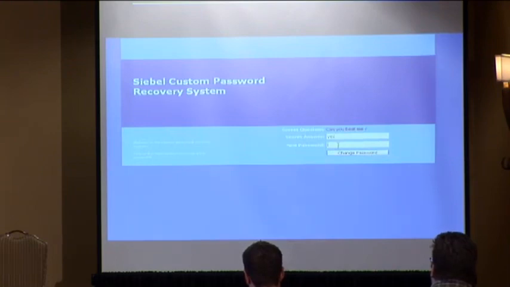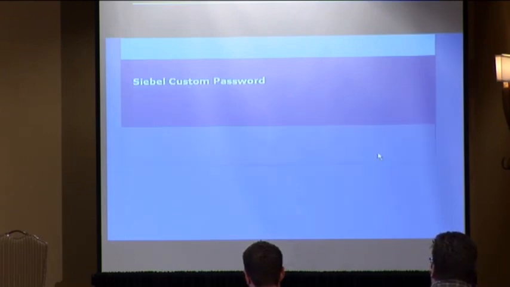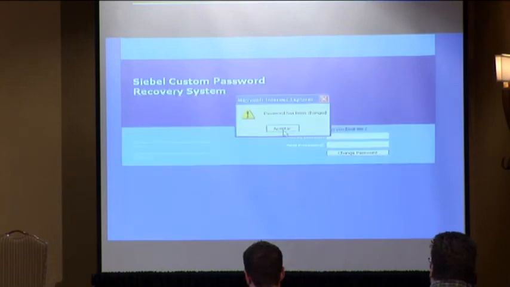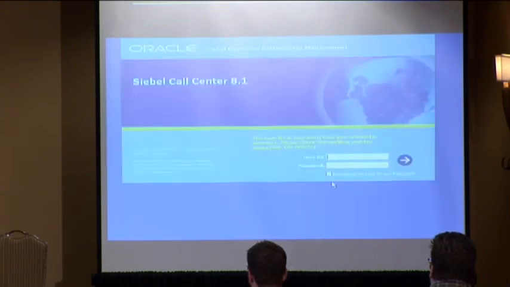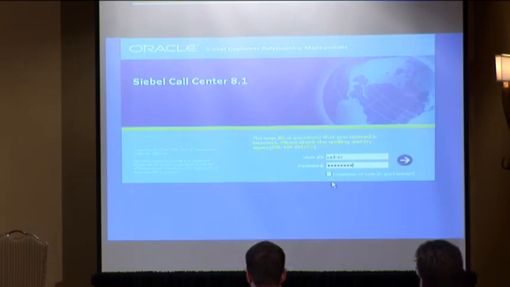So he can choose a new password here and click on change password. And that's it. The password will be reset on the Siebel system. So the only thing the attacker needs to do is, again, try to log in with the admin user and the password he had already provided. And that's it. He will be able to access the Siebel system with the maximum privileges possible.